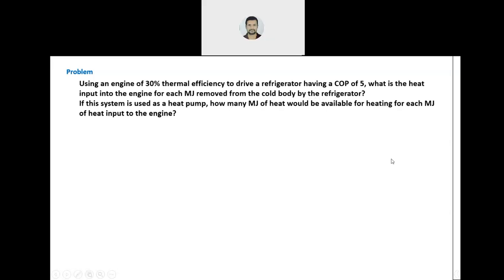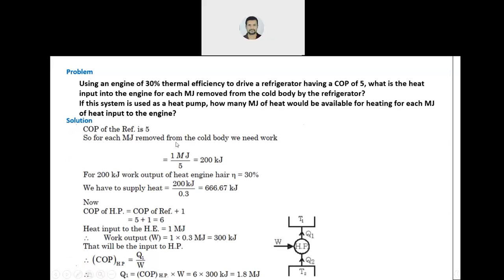Now how to proceed? First of all, you should write all the given data. Given COP of refrigerator, how much? 5. Correct? Now for each megajoule removed from the cold body, we have to calculate the work done.